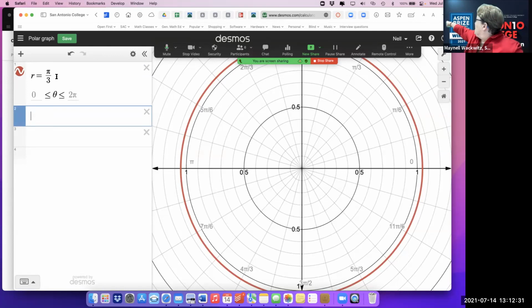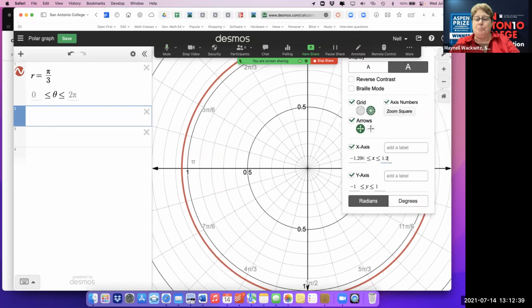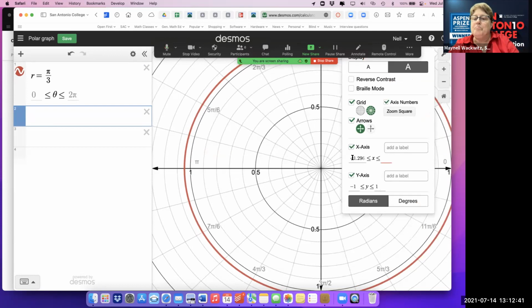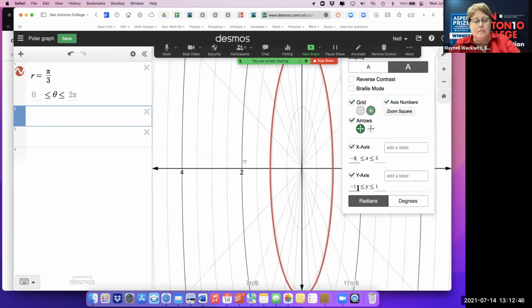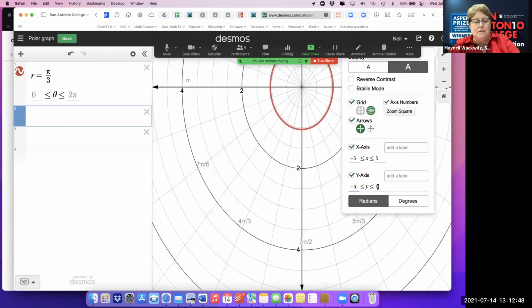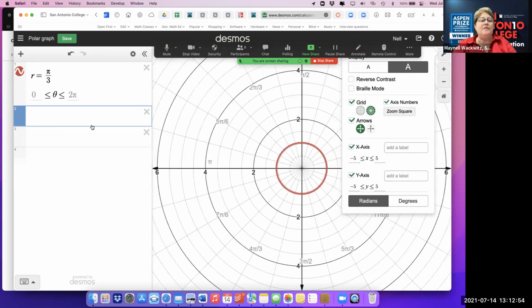Does that make sense that we would get a circle with R equals something? Yes. What about R equals 8 cosine theta? I'm going to need to make my grid bigger. There's a nice thing called Zoom Square. Do y'all see it? Yes. And it makes the graph look better.